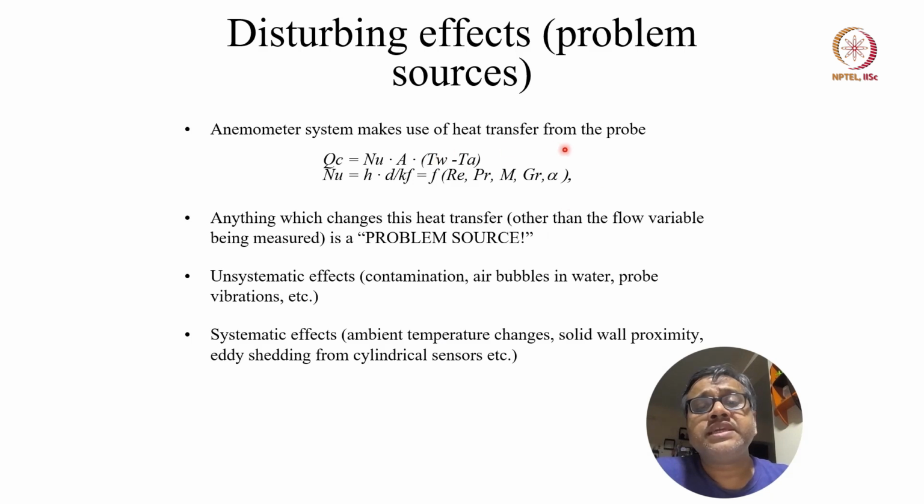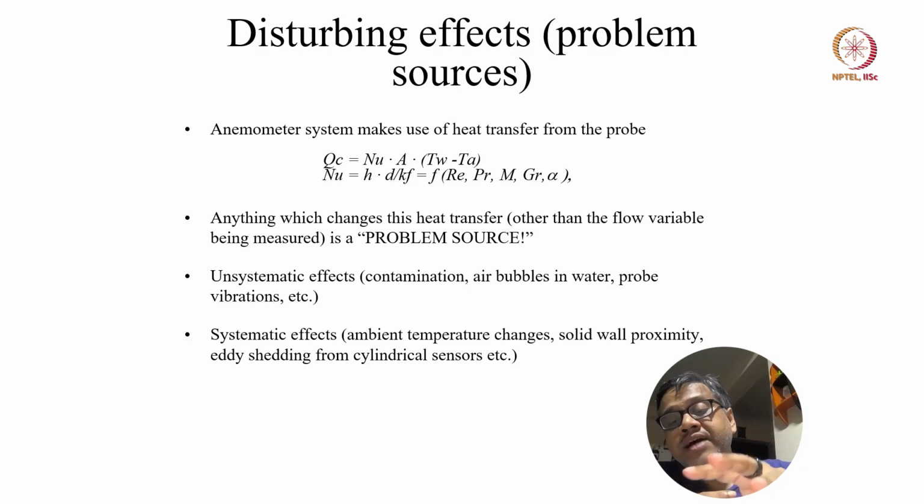The anemometer, as I said, has problem sources. The anemometer makes use of the heat transfer from the probe. Now, anything that changes this heat transfer other than the flow variable is a problem source. There could be unsystematic effects, like air bubbles, or the probe can vibrate. It can also have contamination, which may increase or decrease the frequency response. There can be systemic effects, like the ambient temperature changing, the probe being close to a wall, and eddy shedding.